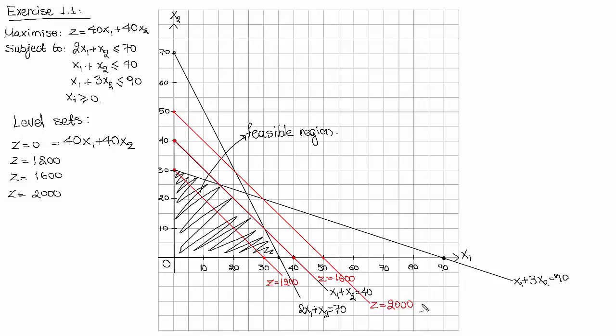And we are going to draw z equals 0 last, because it is the straight line that goes through 0, but also it needs to be parallel to the other level sets. So it will be this line. And this is when z is equal to 0.